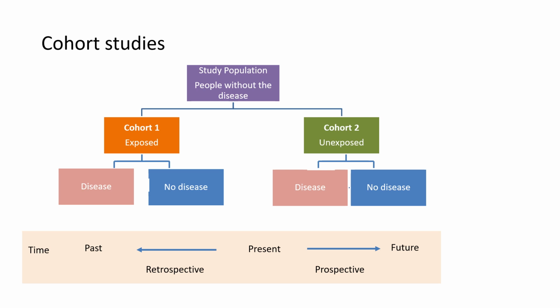So you start at a particular point in time where you have your cohort of exposed and unexposed, and then you also look and see those who have disease and those who do not. But the data is already available, and you're now assessing it in the past to see how people progressed to have disease or not.